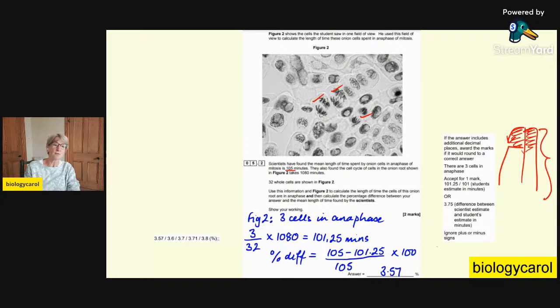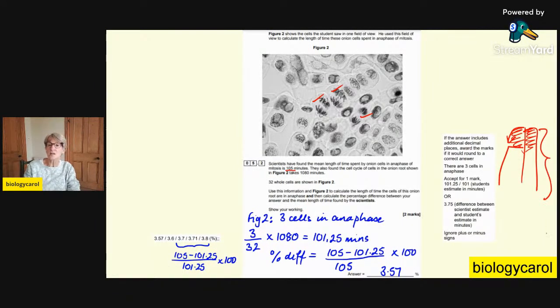Here are the notes. Now, notice these larger numbers, 3.57 and 3.6, are this number. These numbers here are if you chose to calculate the percentage increase.